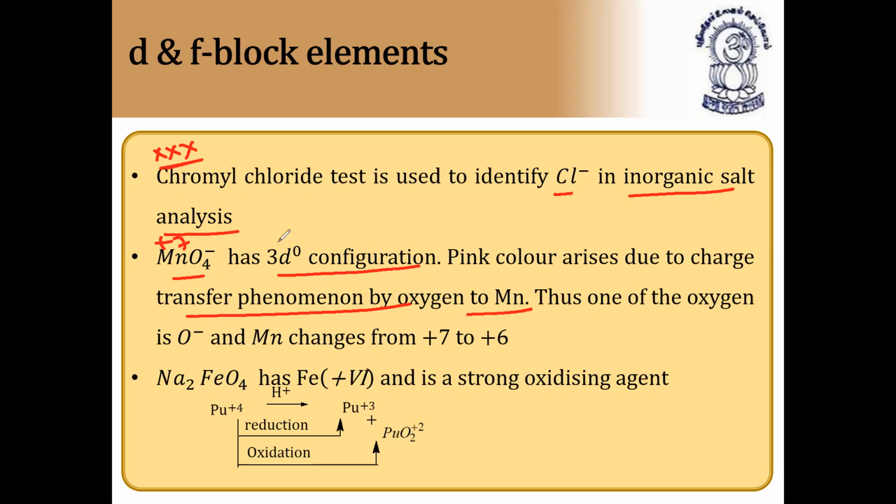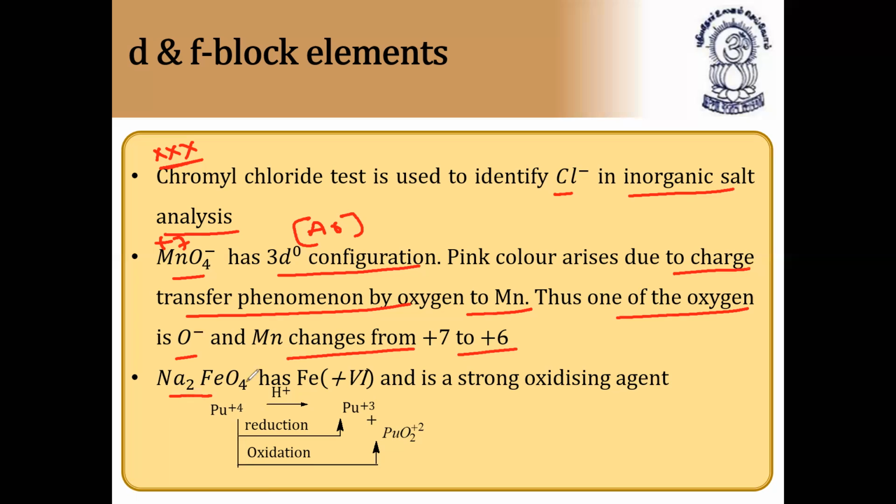Actually, 3d0 means all are paired, and manganese comes to argon configuration, but still it shows pink color due to charge transfer from oxygen atom to manganese. Thus, one of the oxygen atoms becomes O minus, and manganese changes from plus 7 to plus 6.